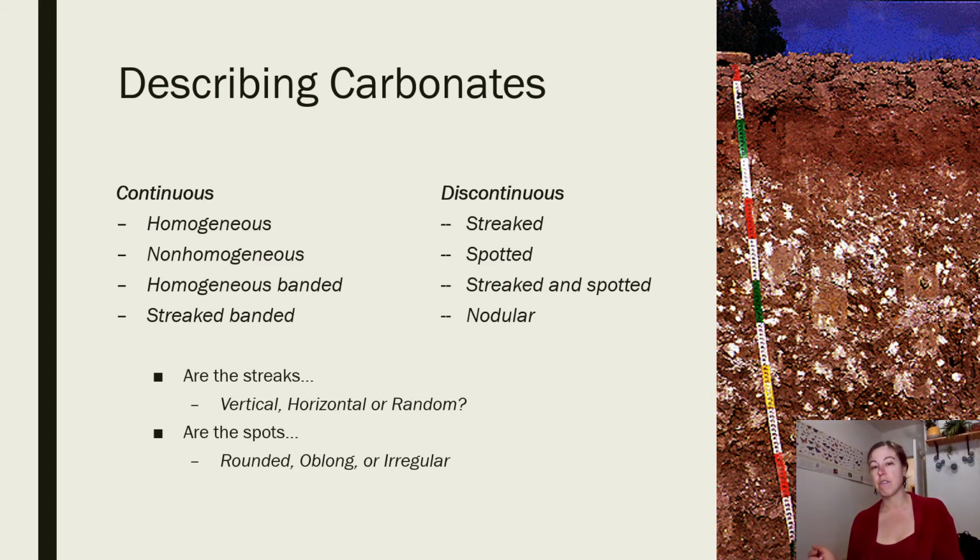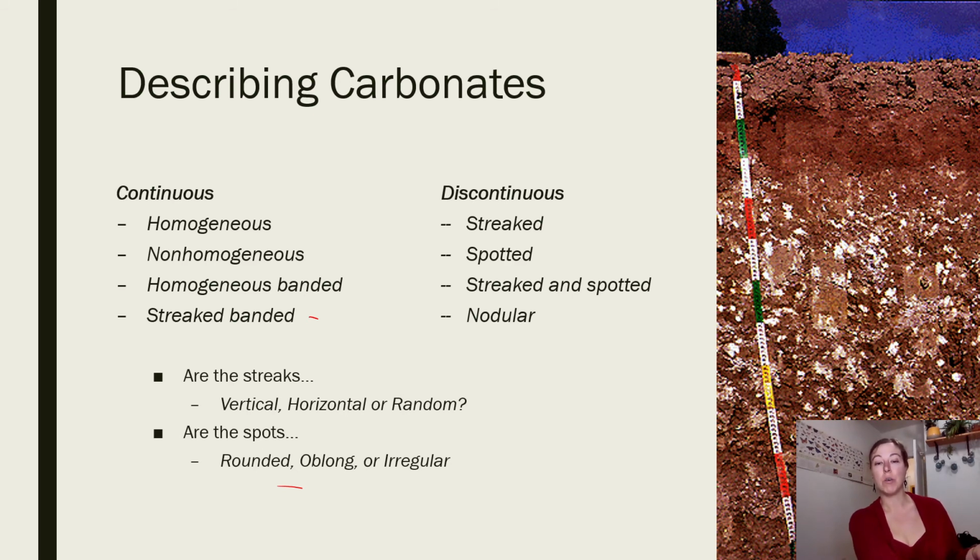The rest of carbonates is very similar to other concretions. Is it continuous or discontinuous? So these are ways of describing homogeneous versus non-homogeneous. I love that it's non-homogeneous and not heterogeneous. If it's streaked or banded, what direction do the streaks go in? If it's spotted, what shape are those spots?